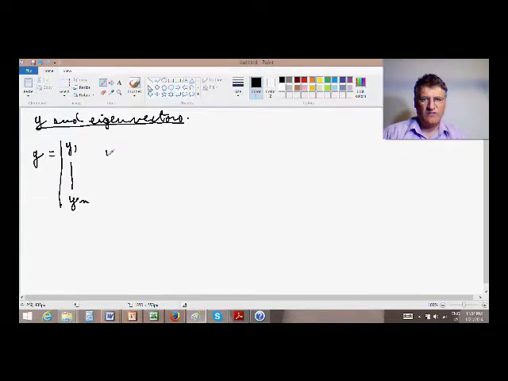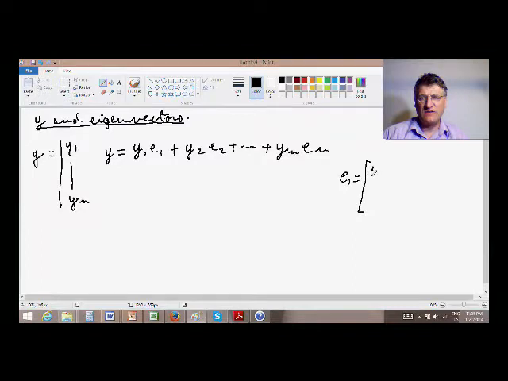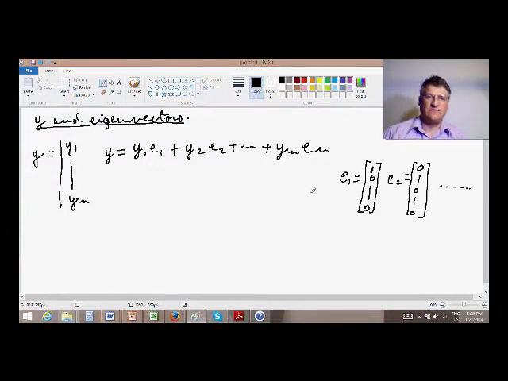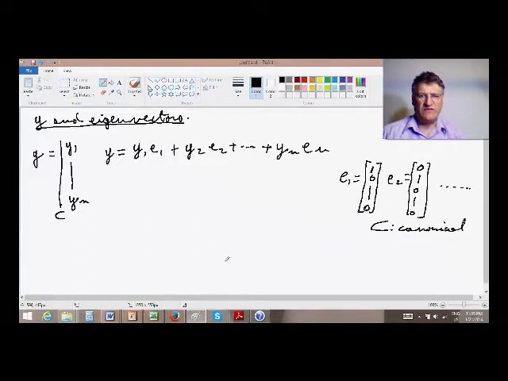And what it means is that y is equal to y1 times e1 plus y2 times e2 plus etc. plus yn times en, where e1 is the vector made of 1 on top and then zeros everywhere else. e2 is the vector 0, 1, 0, and then 0 everywhere else, etc. If I call that basis C for canonical, then I can just add a C here to say that these are the entries of y in that basis.